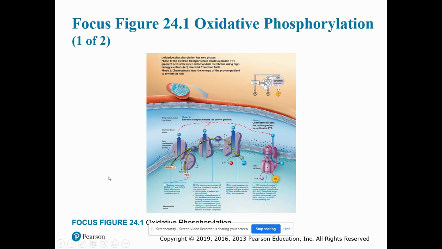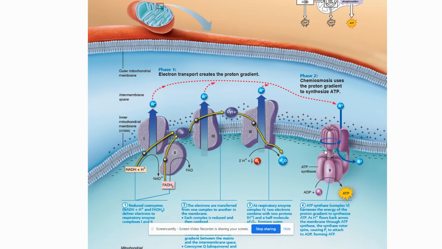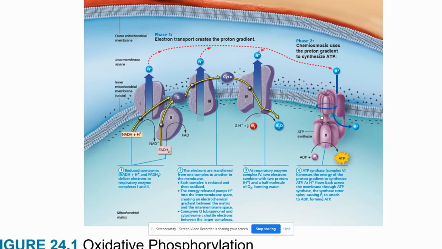So I just want you to know kind of a general, let me blow this up some. Okay, that's better. So we have NADH plus this hydrogen ion, and FADH2 coming in, and they're going to drop off their electrons. As they drop off their electrons, protons are going to be pumped across these membrane spaces.